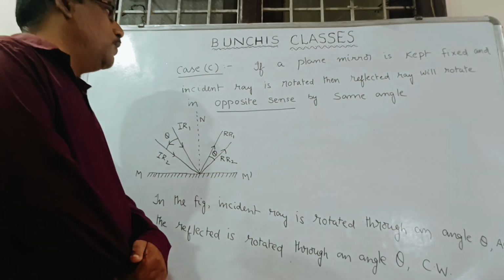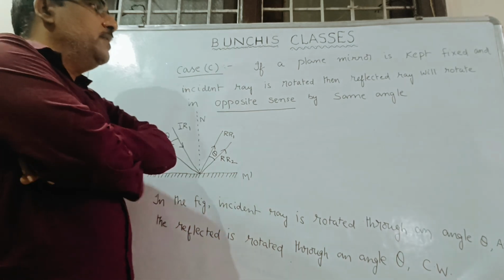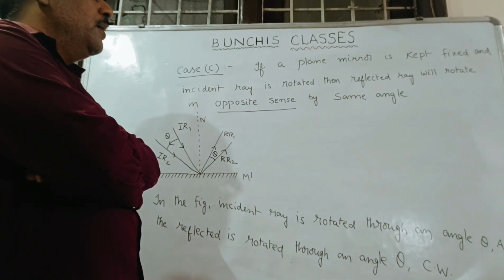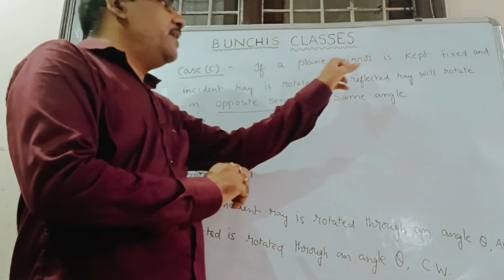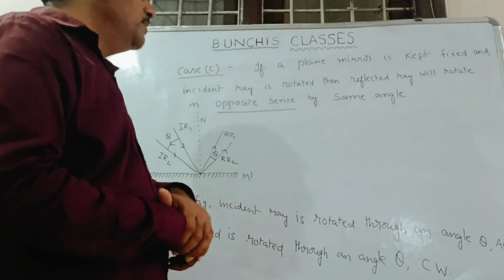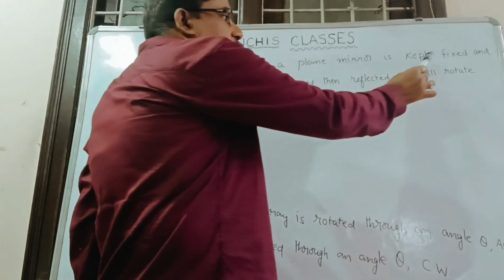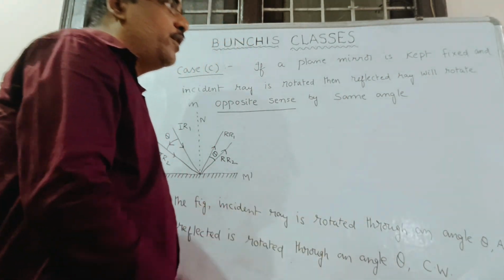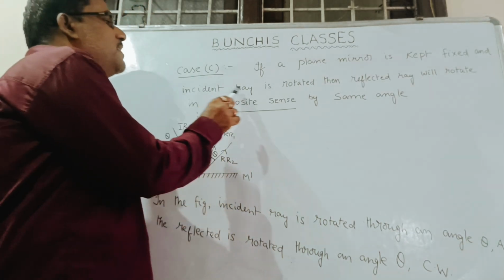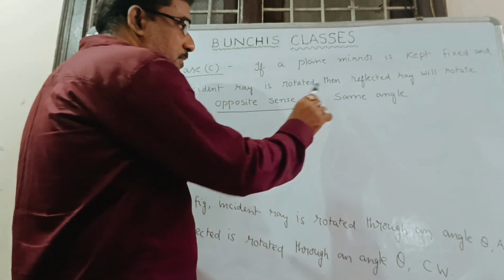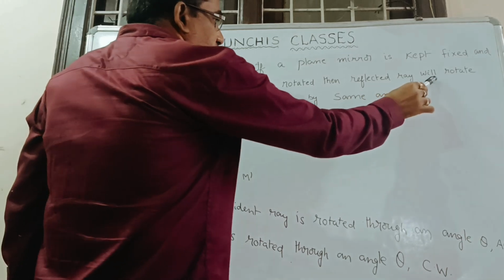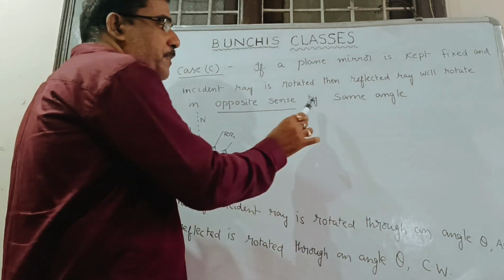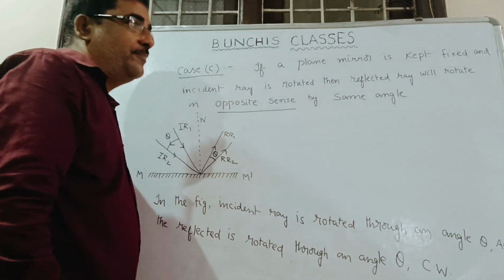Okay, now let us go to case C. This is the third case. If a plane mirror is kept fixed, we are not rotating the plane mirror, and the incident ray is rotated, then the reflected ray will rotate in the opposite sense by the same angle.